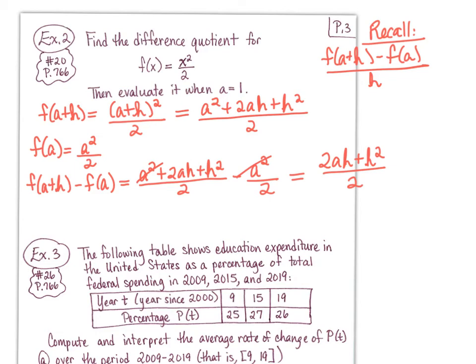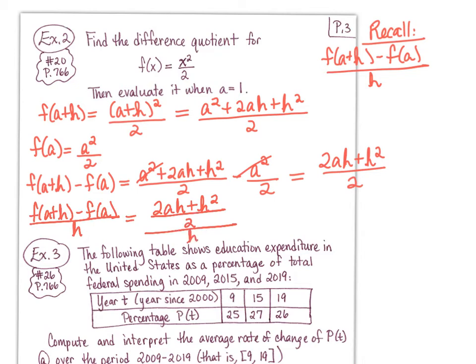Now, this is our numerator. What we found is our numerator. Now we put it all together to find our difference quotient. So that means that f of a plus h minus f of a all over h is equal to 2ah plus h squared over 2, all of that over h.